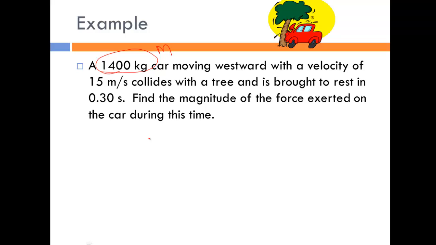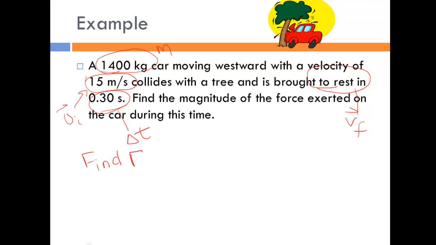The 1,400 kilograms gives us the mass of the car. 15 meters per second gives us the initial velocity. And then brought to rest gives us the final velocity. And then 3/10 of a second is our time interval. And what we're supposed to do is find the net force exerted on that car.